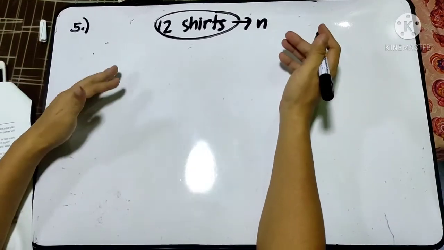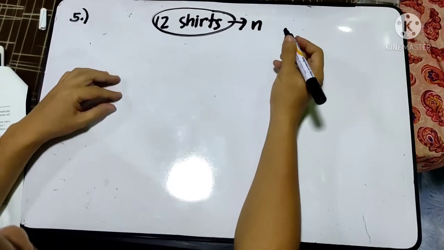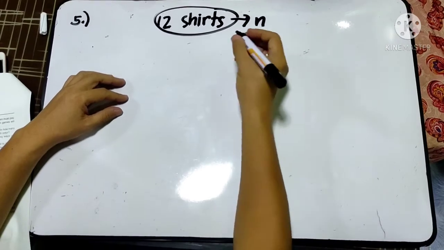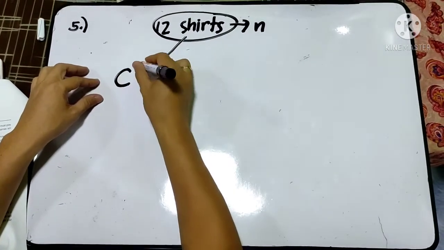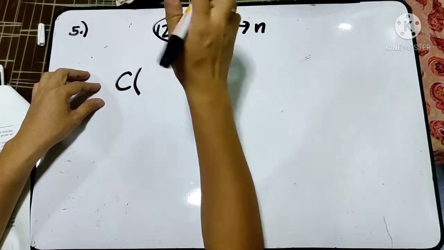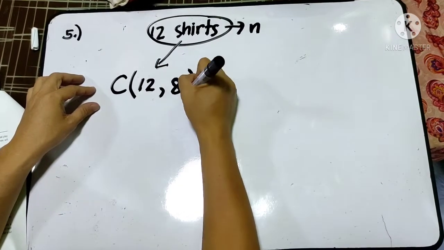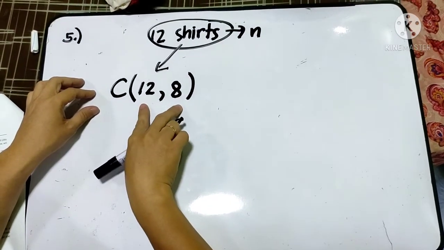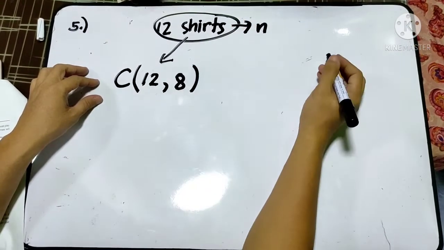Therefore, order or arrangement is not important here. So in selecting the 8 shirts, you will be using combination. So you will be taking 8 from your 12. So you have 12 taken 8 because you are going to select only and they are of equal importance.